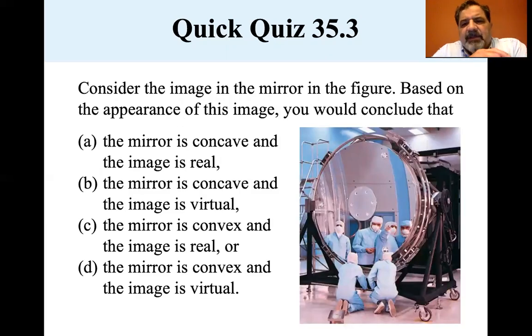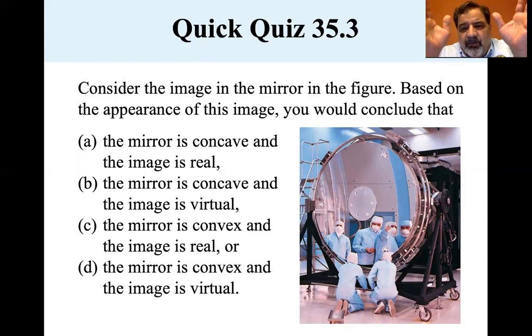Okay, here, consider the image in the mirror in the figure. Based on the appearance of this image, you would conclude that the mirror is concave and the image is real. The mirror is concave and the image is virtual. The mirror is convex and the image is real. Or the mirror is convex and the image is virtual.